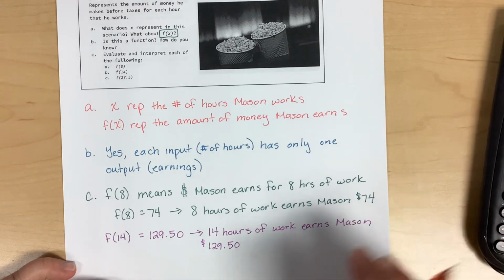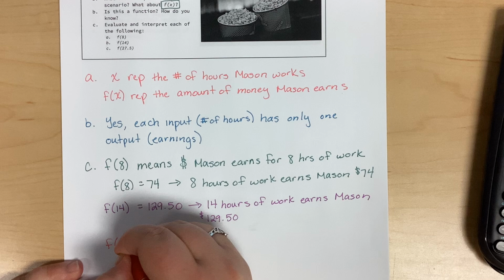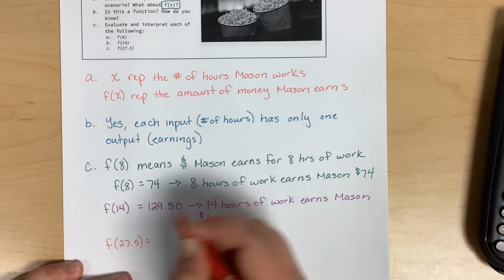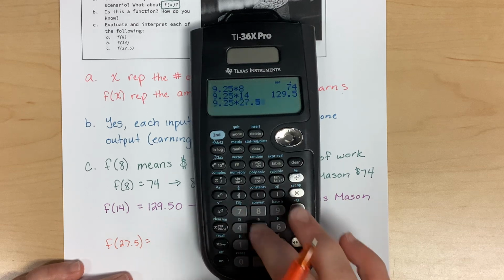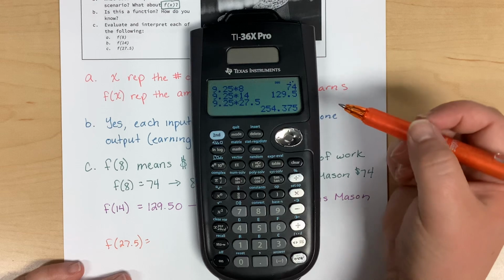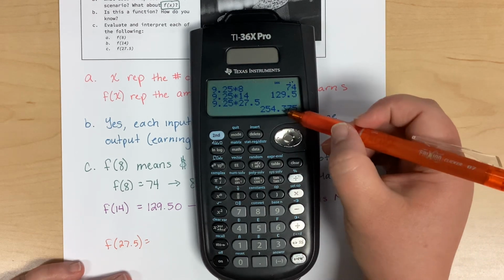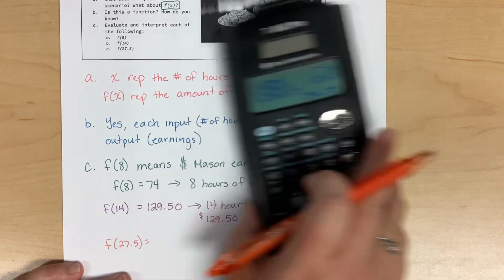All right, last one for this problem. We have f of 27.5. Same idea. So we have 9.25 times the number of hours, which is 27.5. That's 254.375. Now this is money, so we're gonna wanna round to two numbers after the decimal. So the number after the 7 is a 5, so we're gonna bump that 7 to an 8.